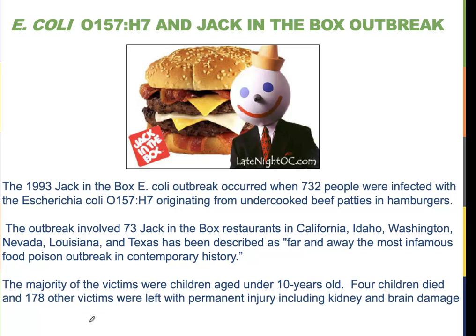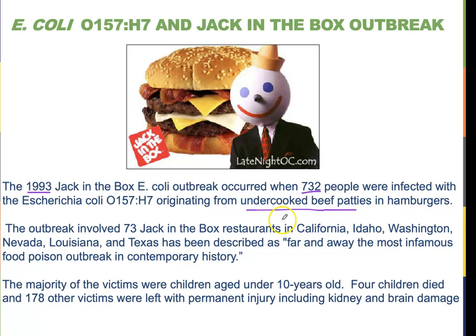This is probably before some of you were born, but in 1993, there was this huge outbreak of O157:H7, and that was at Jack in the Box. The E. coli outbreak occurred, and 732 people were infected, all from undercooked beef patties.